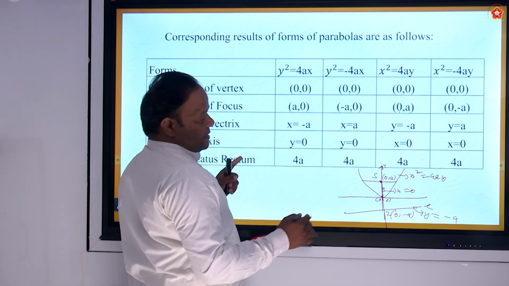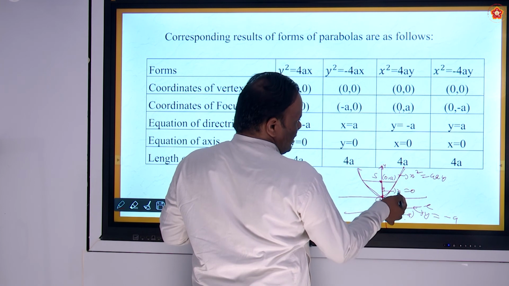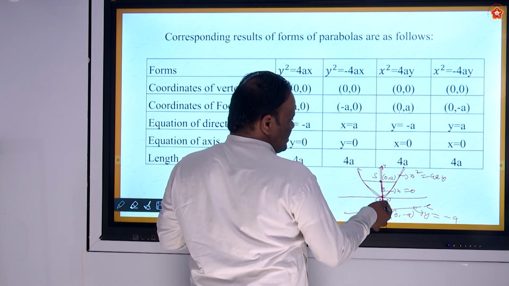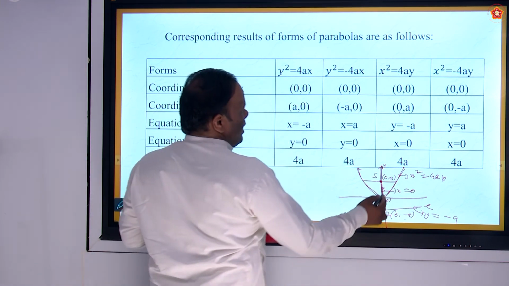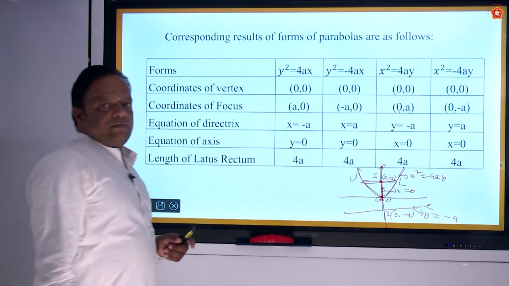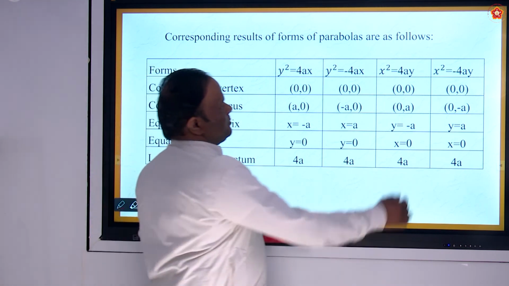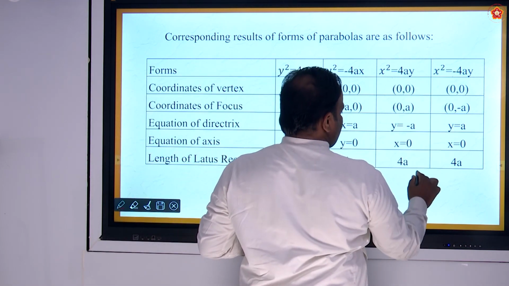Equation of axis is x equal to 0, because the parabola is along the y axis. Again length of LR, this is L, this is L dash, is 4a.